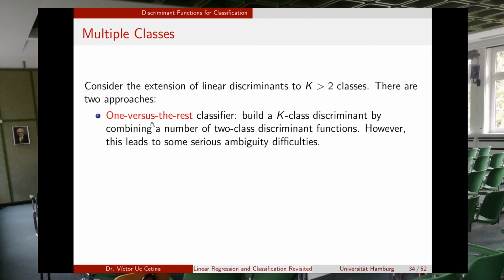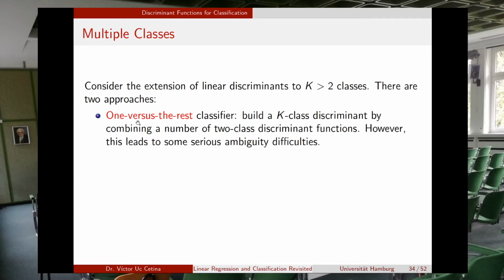So for that second classifier, you will have examples of ones versus other numbers that are not ones, and so on. So for a 10 class problem, you will need to estimate 10 discriminant functions. This is a practical way to do it, but as it says here, it can lead to some serious ambiguity difficulties, and I'm going to show you that in the next slide.